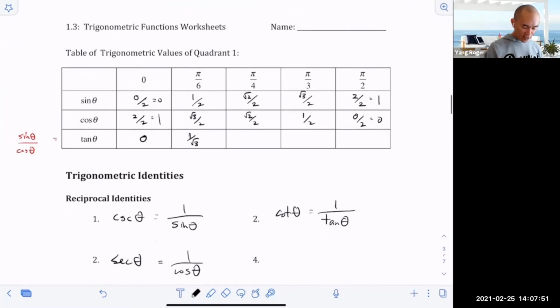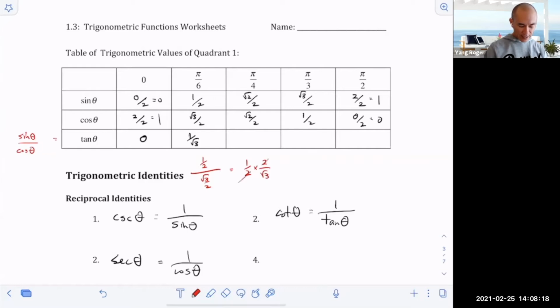In case that's not obvious, I can write it like this: 1/2 divided by rad 3 over 2. As I explained to you earlier, dividing by a fraction is the same thing as multiplying by the reciprocal. So it looks like I want to flip the bottom fraction. So this becomes 1/2 times 2 over rad 3 like this.